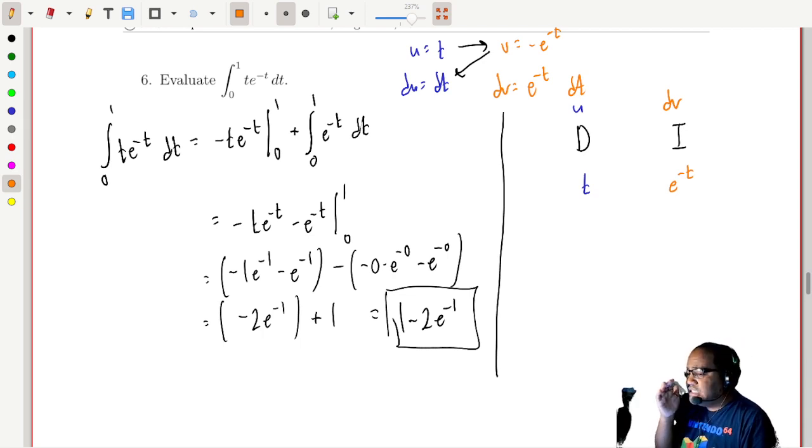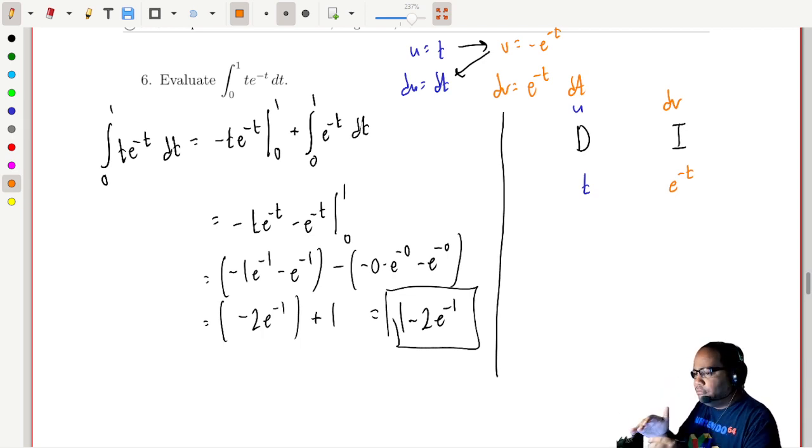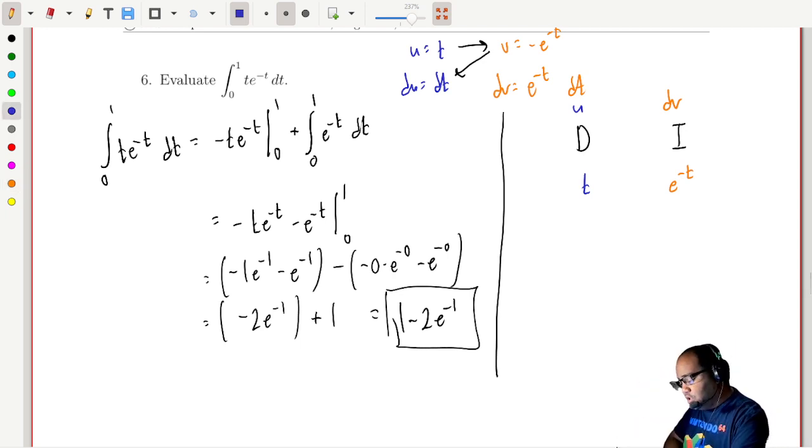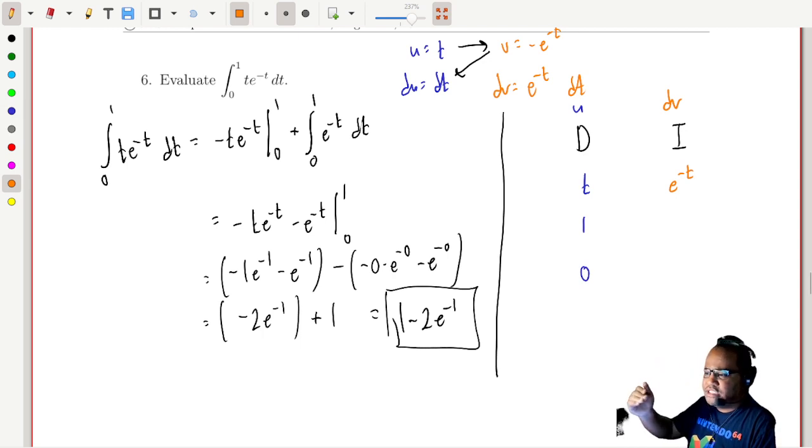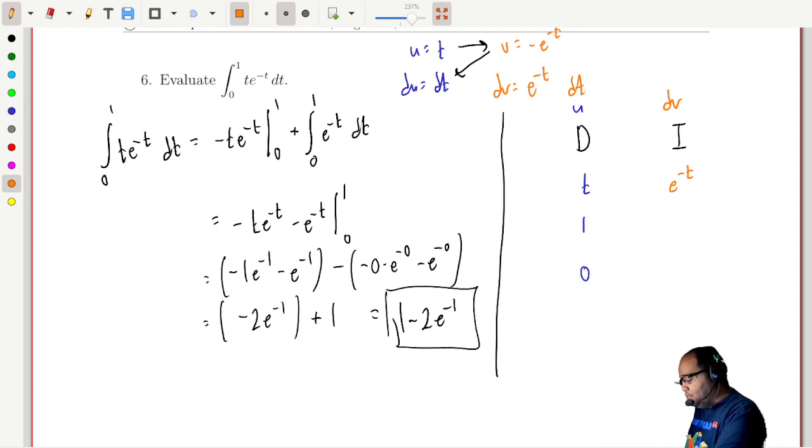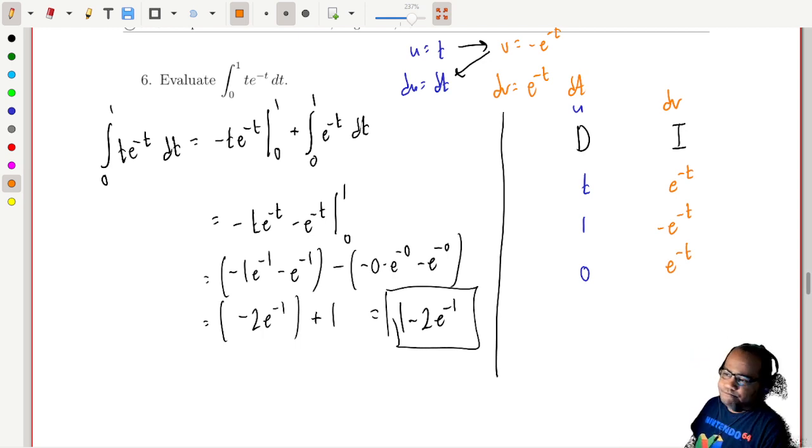Now I'm going to differentiate in the D column until the derivative is 0. So the derivative of t is 1, and the derivative of 1 is 0. So now my derivative has vanished. I'm now going to integrate as many times as I differentiated. So we have minus e to the minus t, and when I integrate again and divide by another minus 1, I get a plus sign in front of it, so I get that.